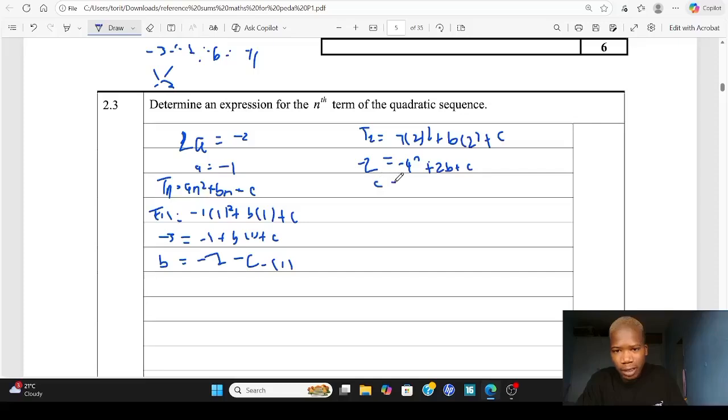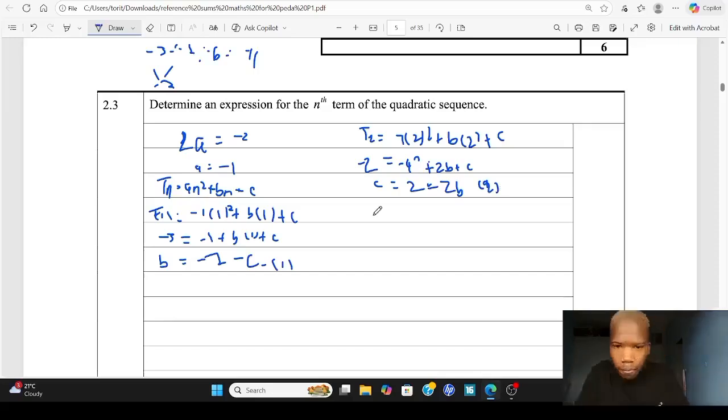If we transpose, c is equal to negative 2 plus 4, which gives us positive 2 minus 2b. That is our equation 2.